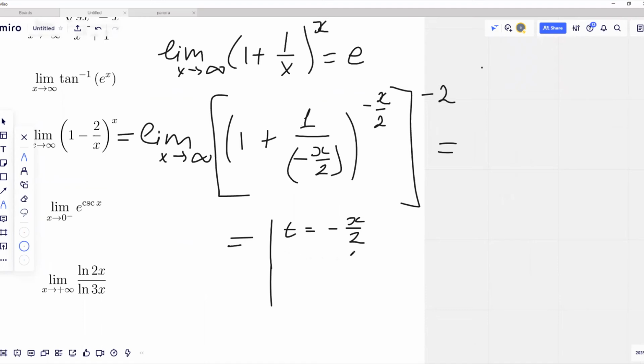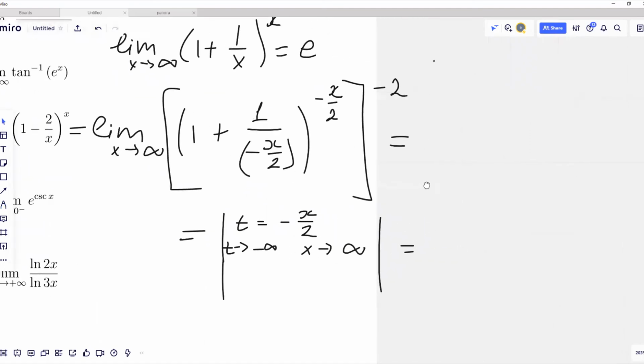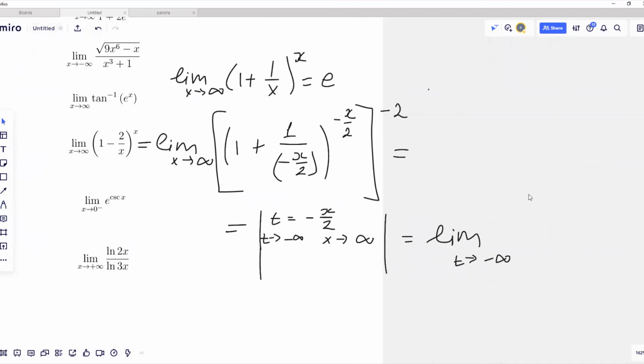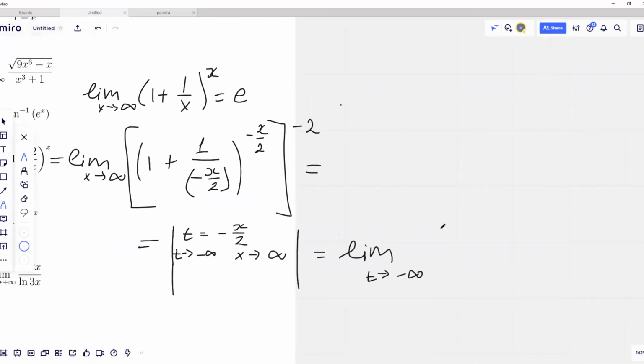As x goes to plus infinity, t goes to minus infinity. So this limit here is transformed into limit as t goes to minus infinity of 1 plus 1 over t to the power of t, to the power of minus 2.